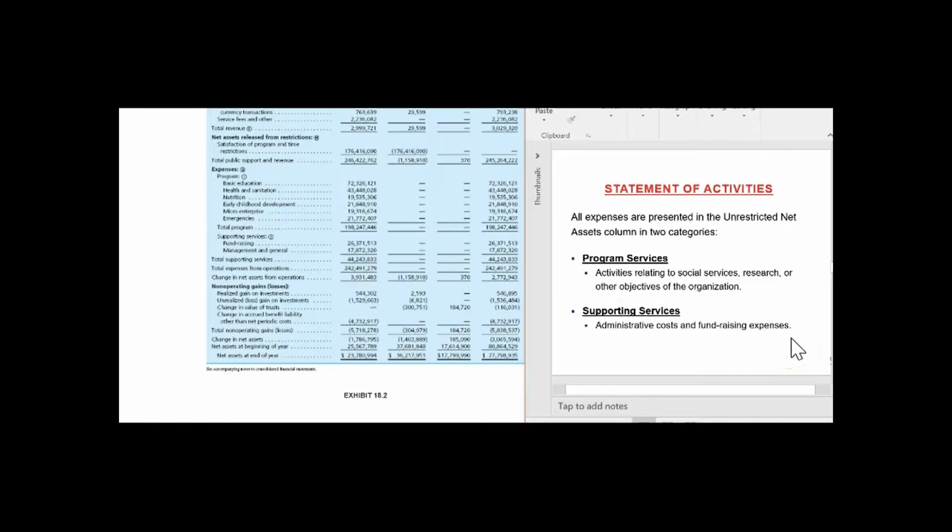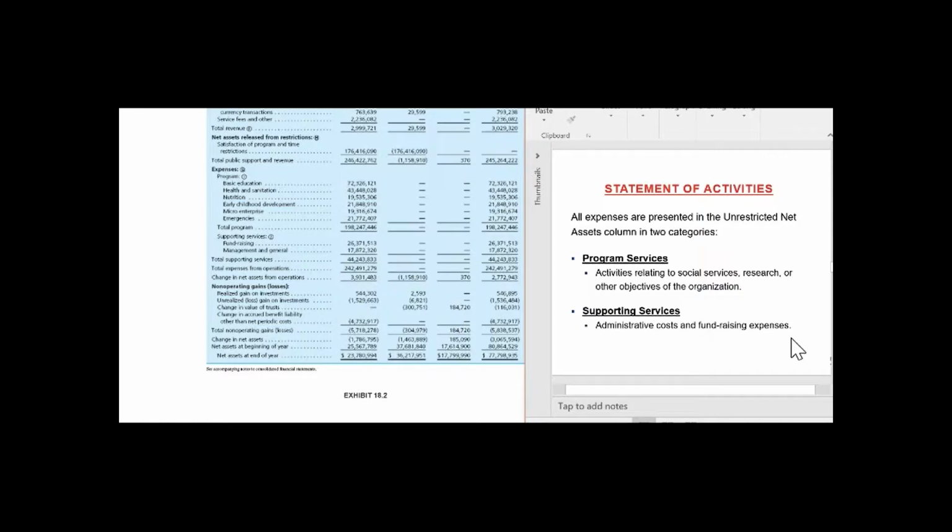Now we will see how their statement of activities reports different types of expenses, and you will see two basic categories. One they call program service, and another they call supporting service.